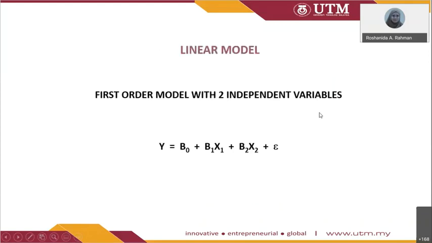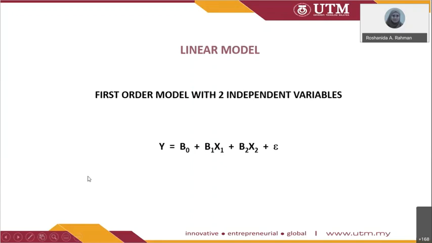So for factorial design, we're still talking about the factorial design, not yet RSM. If we have only two factors, in this case we have x1, for example, x1 is time and x2 is temperature.